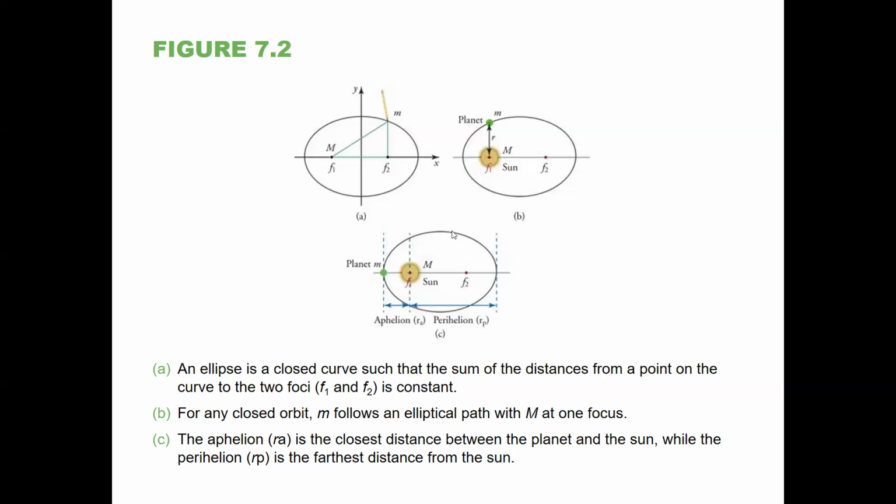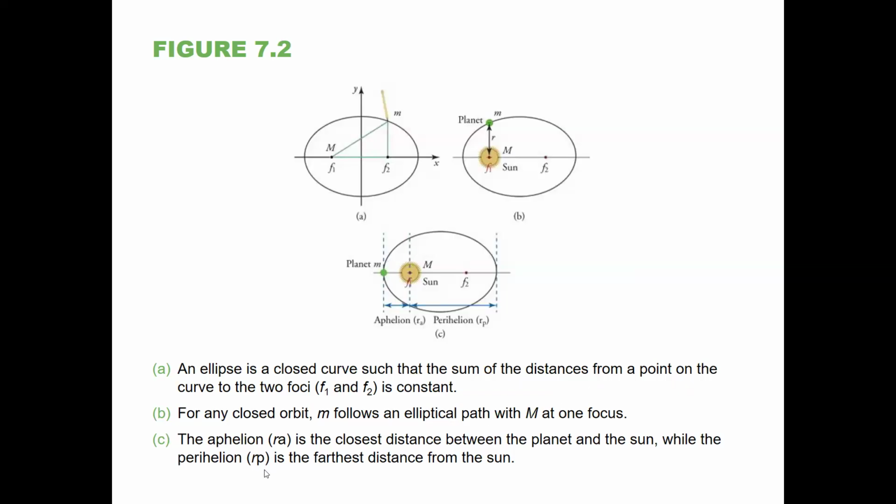So if you have a point, no matter where you move in this track, in this orbit, if you make a straight line to connect to each focus, you will see that the sum of the distances of these two lines is the same.